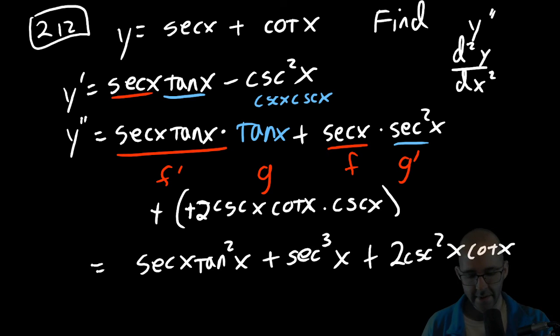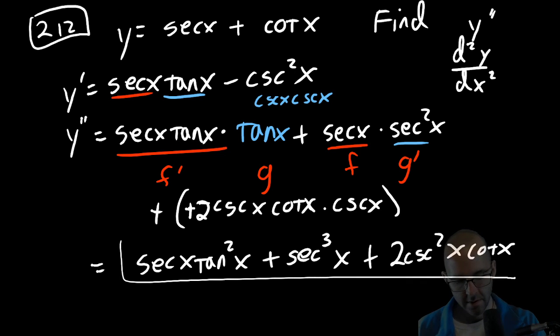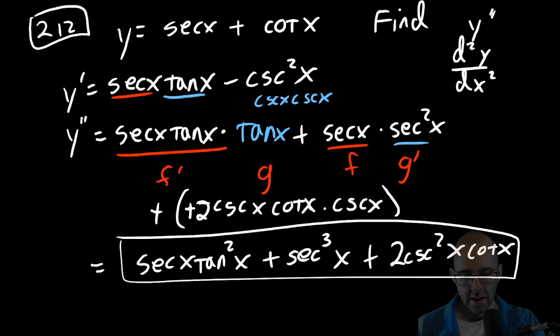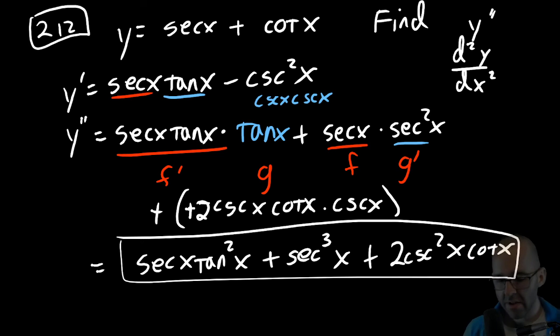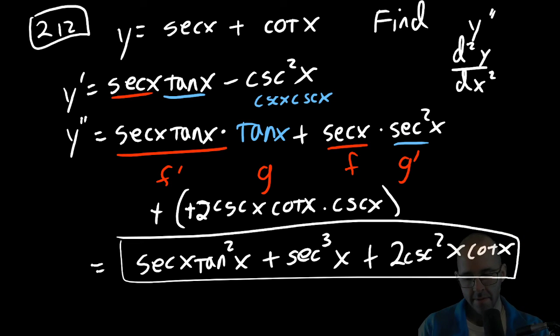That looks weird. And I did a lot of weird stuff here. Let's really quickly check our work. So first derivative is secant tangent minus cosecant squared. That's pretty straightforward. Second derivative needs the product rule on both. Second one can also be done with a chain rule.